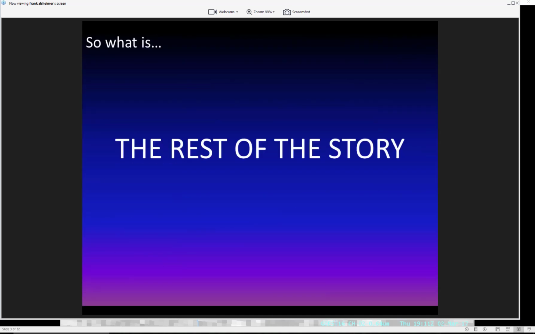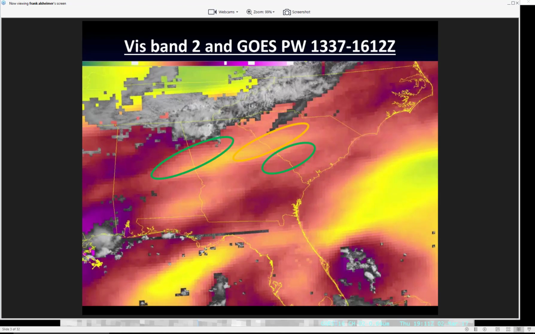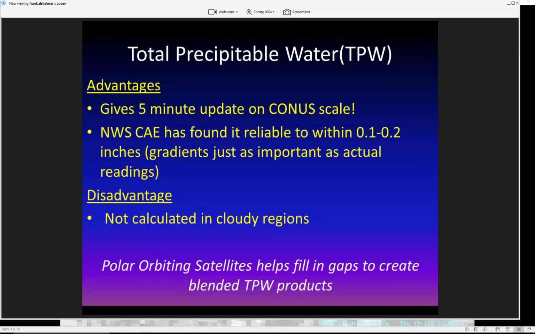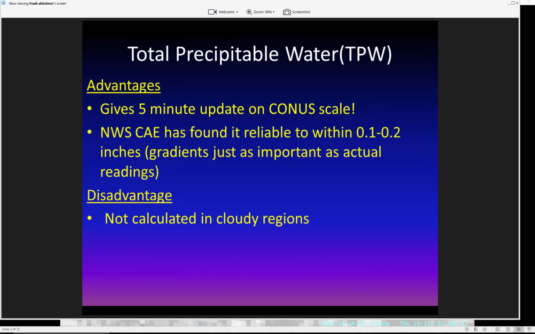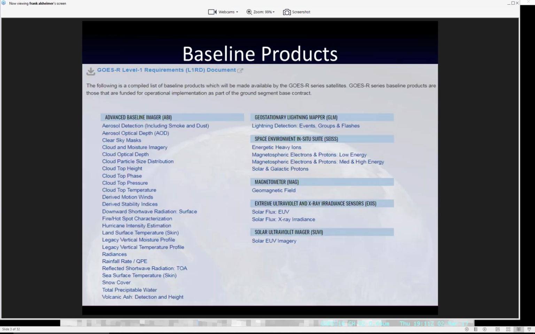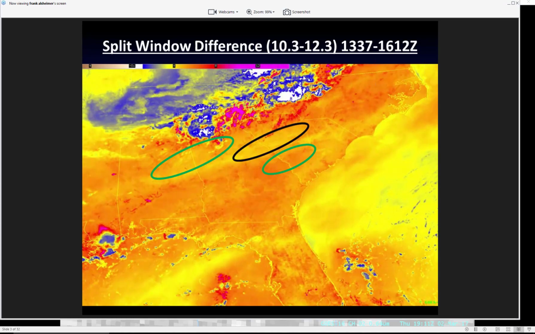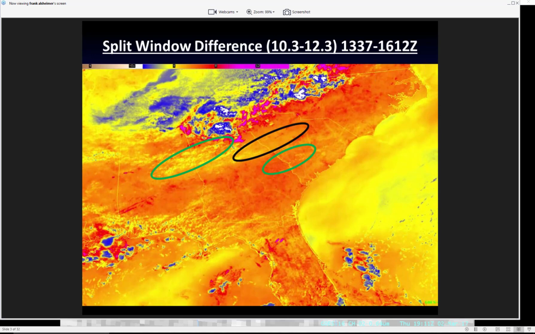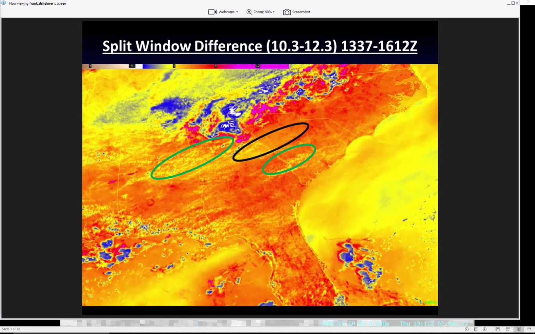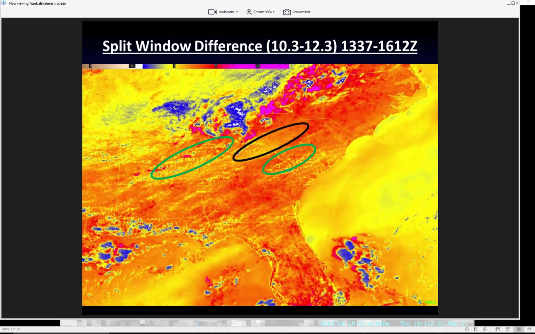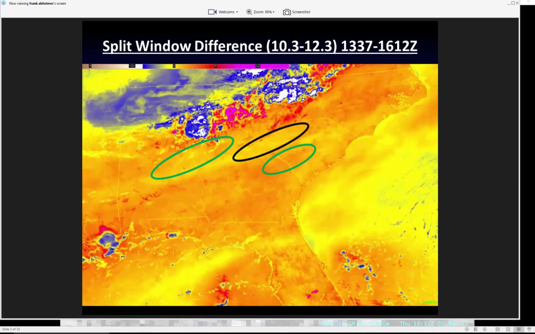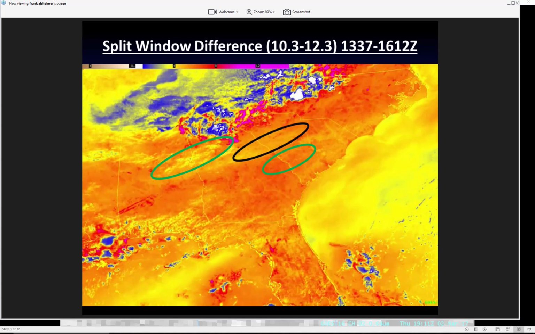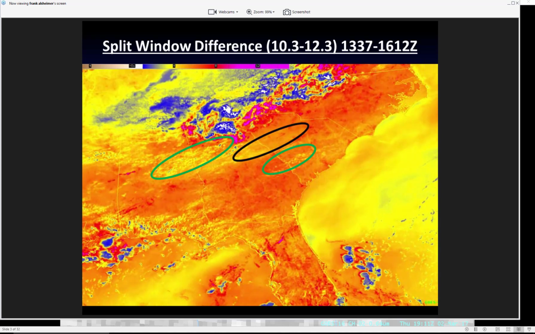And I'm kind of doubtful that the moisture distribution had that big discontinuity right there at the ocean front. So just keep that in mind when you're looking at the split window difference. As the land gets warmer and warmer, the ocean is not getting warmer and warmer. That's telling you something about the temperature of the surface, not necessarily the moisture. So it's something to keep in mind when you're trying to interpret the split window difference.